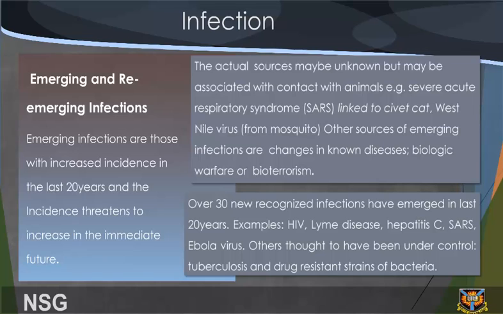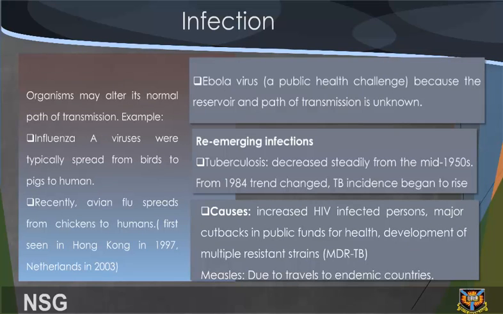Examples: HIV, Lyme disease, hepatitis C, SARS, Ebola virus. Others thought to have been under control: tuberculosis and drug-resistant strains of bacteria. Organisms may alter their normal path of transmission.